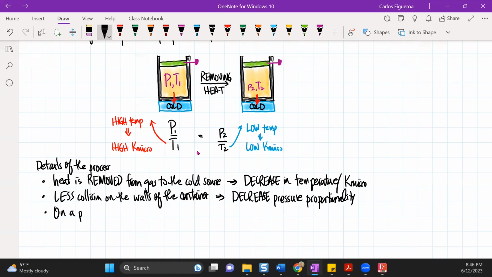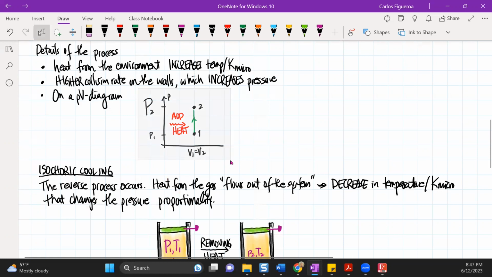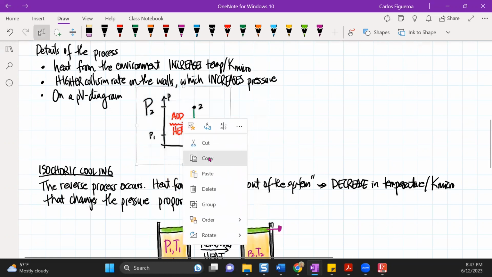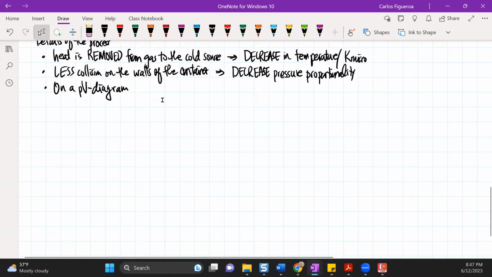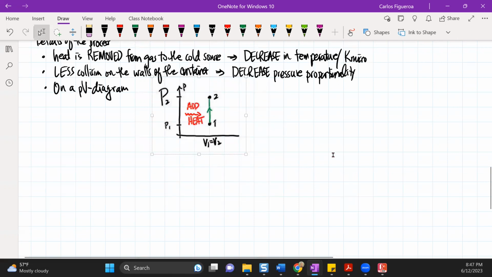On a PV diagram, well, it's going to look exactly like what we drew up here. How about if we copy it and then we just have to slightly modify this graph? So if I look at this graph, here's what it's looking like. In this case, we switch 1 and 2.